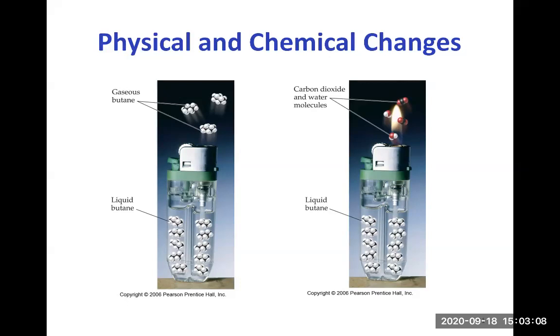So it's a combustion reaction where butane is changed into carbon dioxide and water molecules. So now it's not butane anymore after the change. It's a chemical change because butane becomes two different substances using oxygen from the air. So combustion reactions or burning are chemical changes.